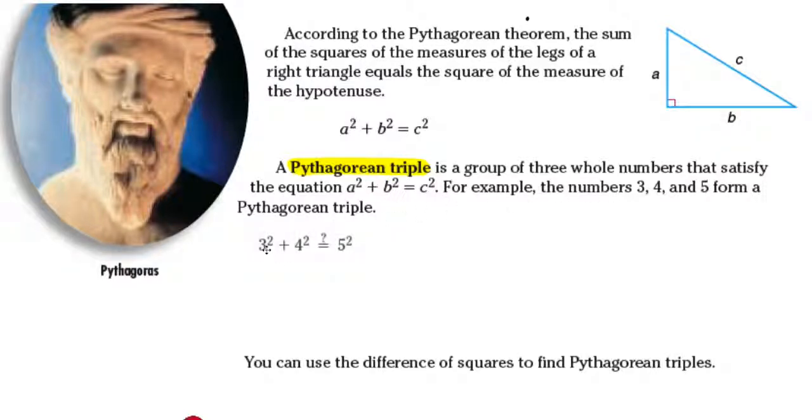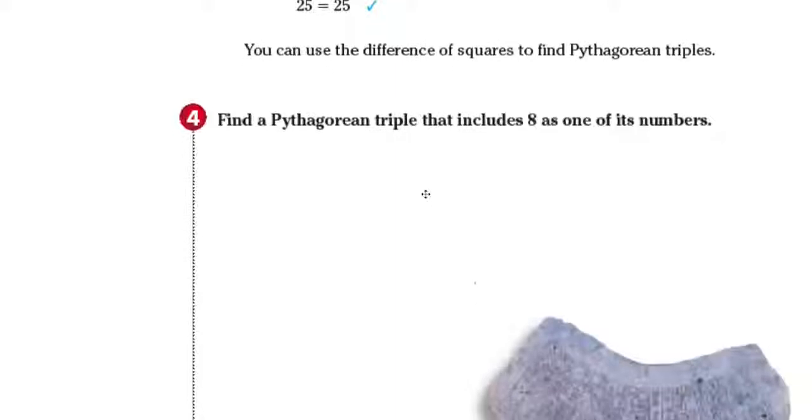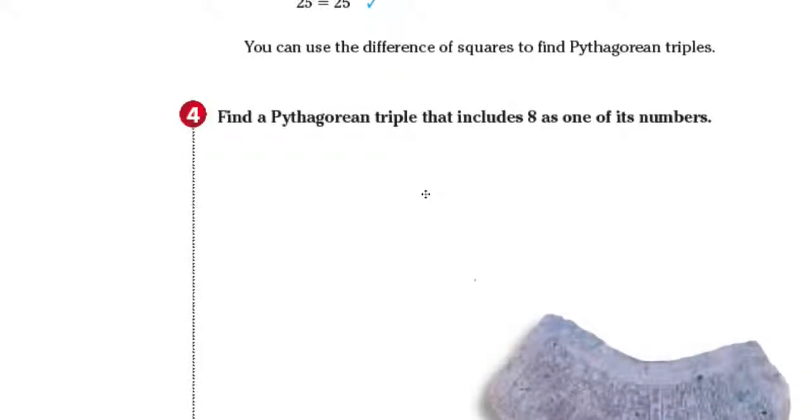Because 3 squared plus 4 squared is equal to 5 squared, and we know for a fact that it is. Now you can use the difference of squares to find a Pythagorean triple. So let's take a look at example number 4 and see how this is done.